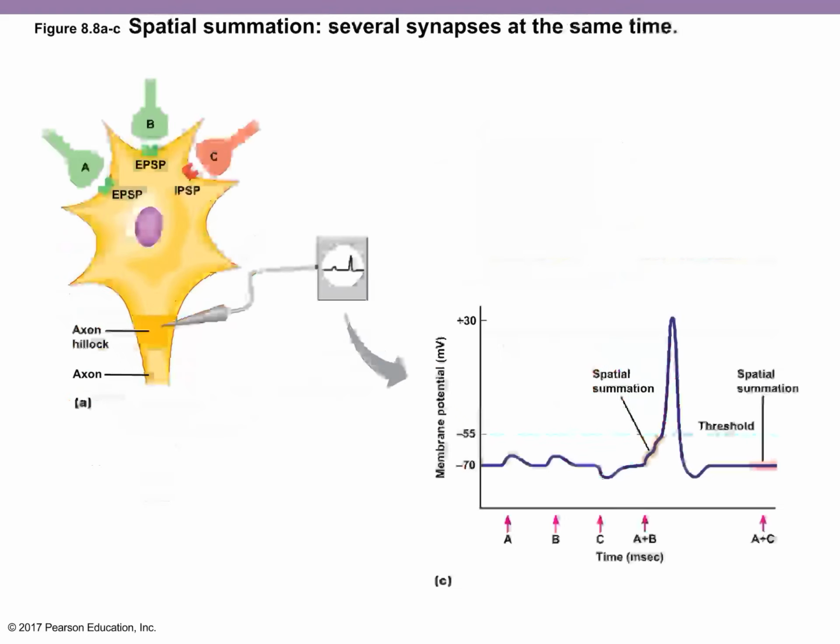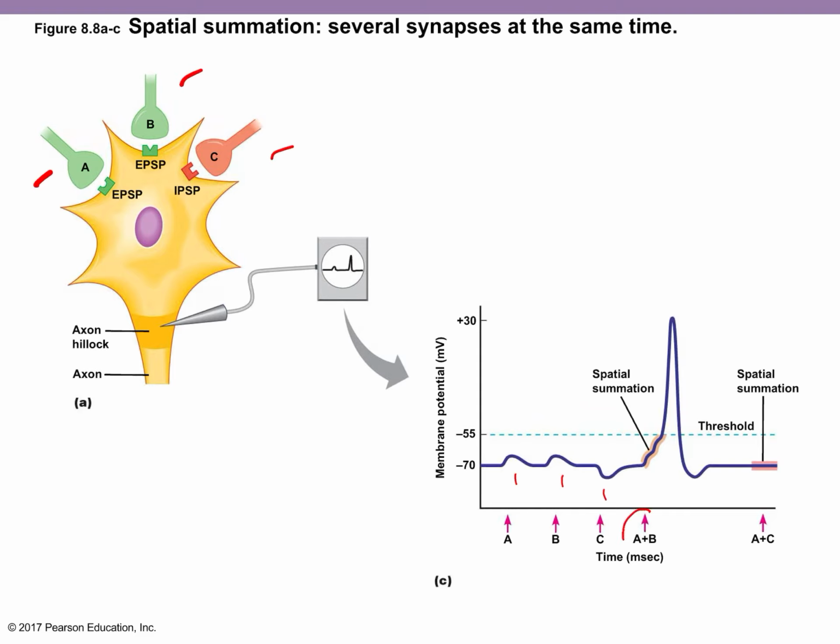Spatial is where you can have many synapses. So now we're looking at all the synapses, A, B, and C. A and B are depolarizing, they're excitatory, and C is inhibitory, it's hyperpolarizing. But you can summate. If A, B, and C fire separately, each of them alone is not enough to cause an action potential to be generated.